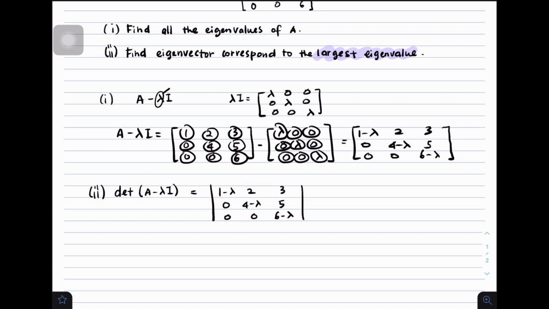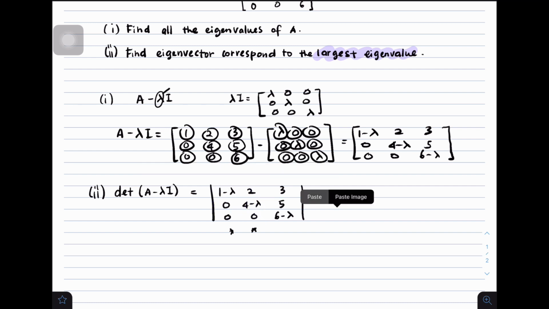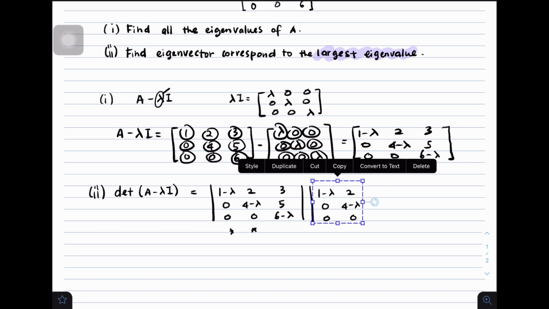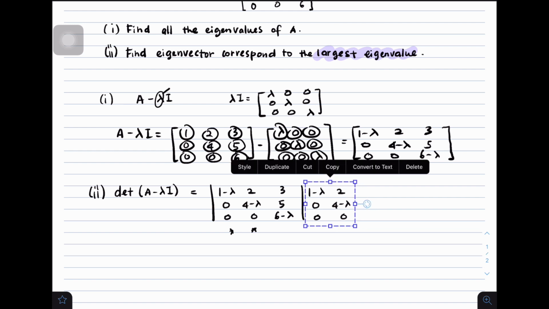We have learned before how to find the determinant for a 3 times 3 matrix, where one of the methods is to copy the first 2 columns outside of the box. So let's copy these 2 columns outside, so you will have these 2 columns outside of the box.